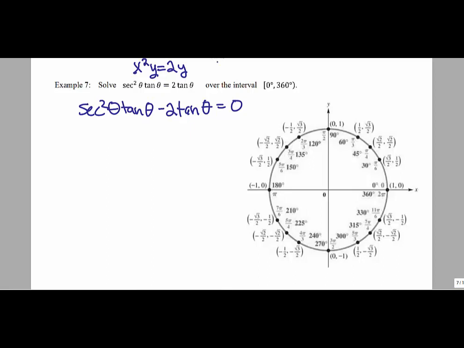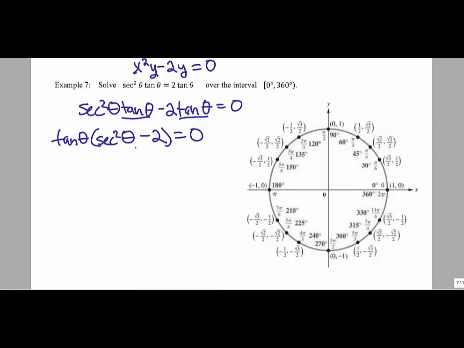Now, if I was doing this in algebra, if I were to subtract and set it equal to 0, what do you notice is common between those 2 terms? Well, they have a common factor of y that we could factor out. Here we have the same thing. We have a common factor of tangent theta. So let's bring that tangent theta out to the front, and what we're left with on the inside now is secant squared theta minus 2 is equal to 0.